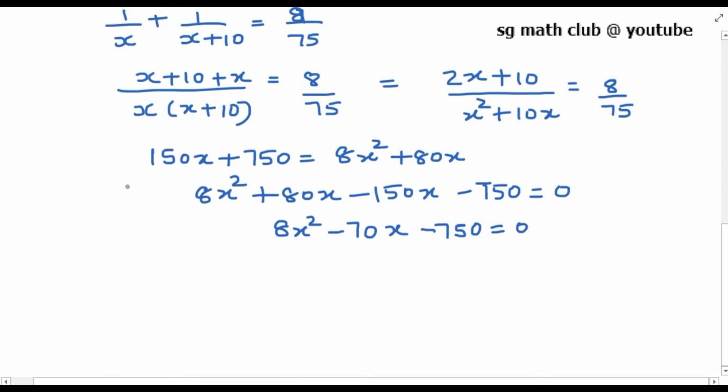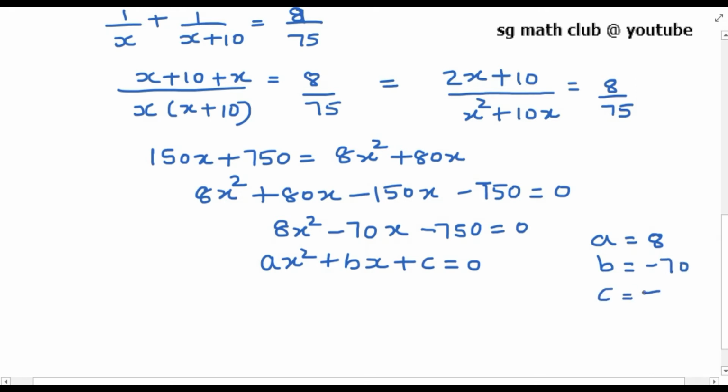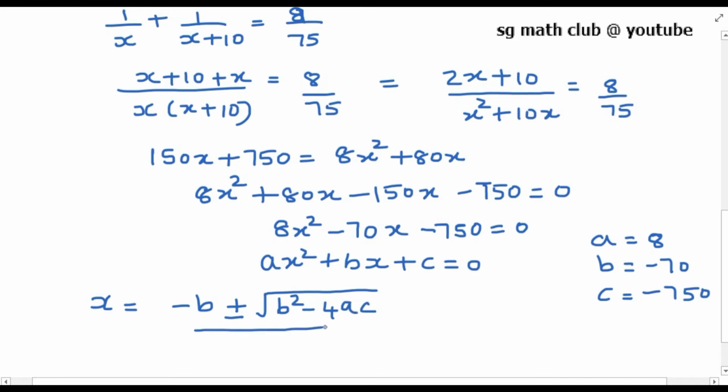Now this is in the form of aX square plus bX plus c equal to 0, where a is 8, b is minus 70 and c is minus 750. Now we will solve using the formula minus b plus or minus square root of b square minus 4ac divided by 2a. We will solve this now.